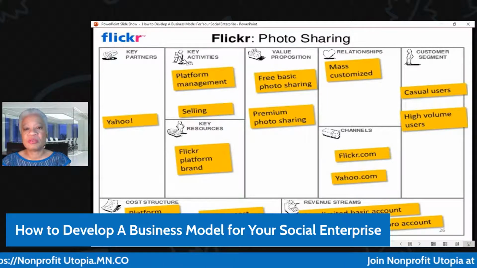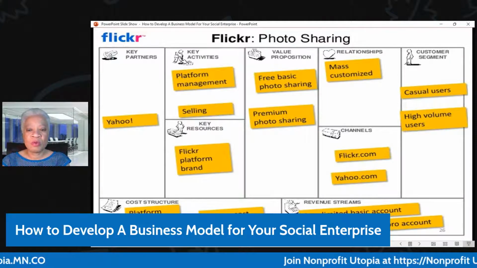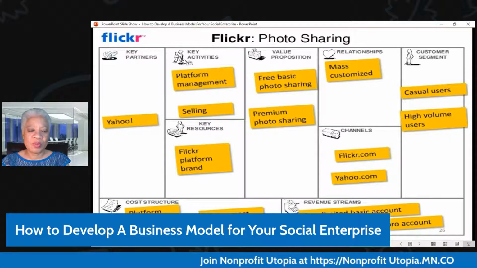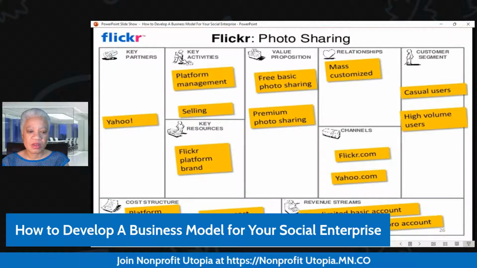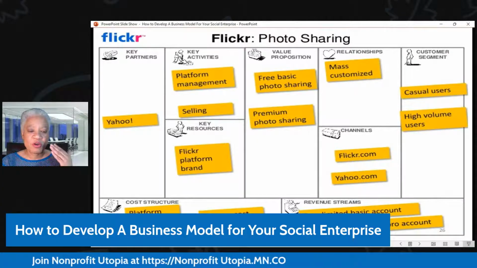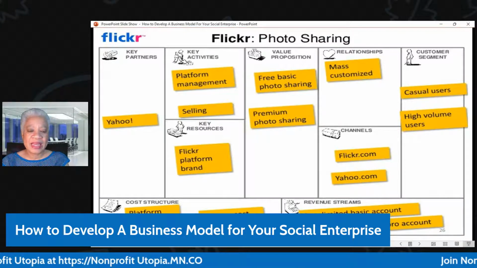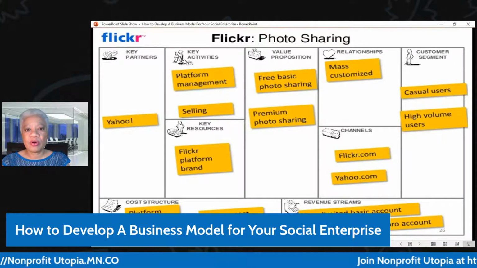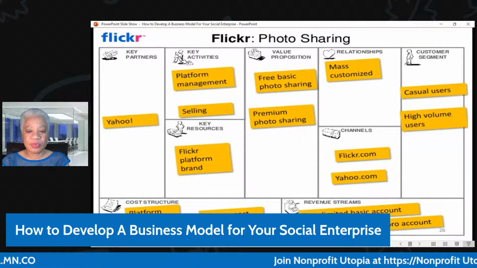So the high volume users are going to be those people who actually pay for the premium service. The cost structure is for developing the platform, maintaining the platform, and storing all of those pictures.